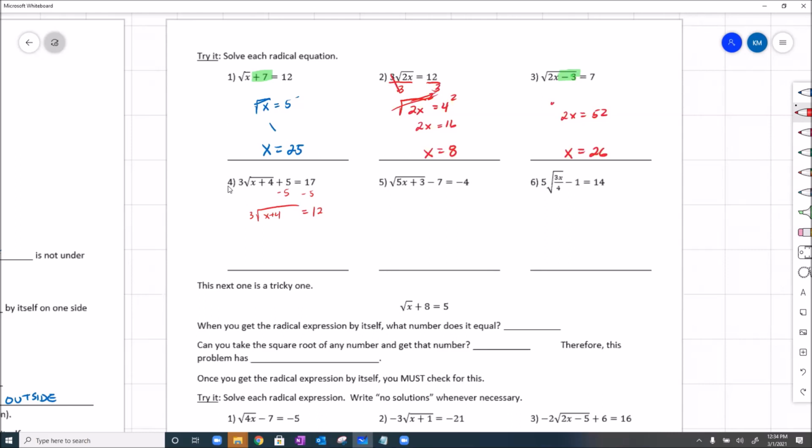Then I'll divide by 3, which gives me radical x plus 4 equals 4. Now I have my radical by itself. So I'm going to square both sides to get my variable outside of the radical. So I have x plus 4 equals 16. Subtract 4 from both sides, x equals 12.